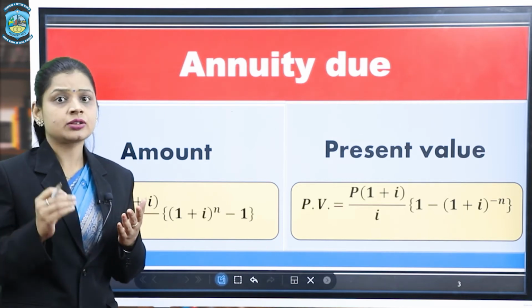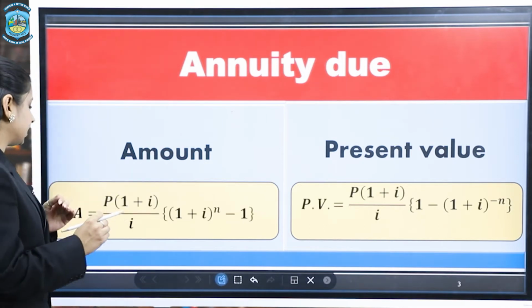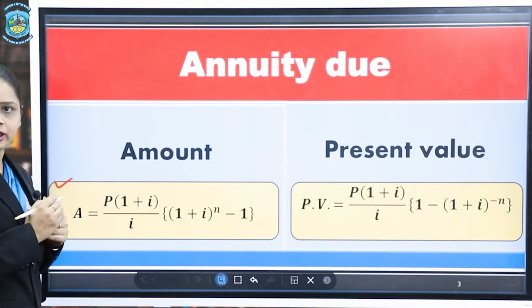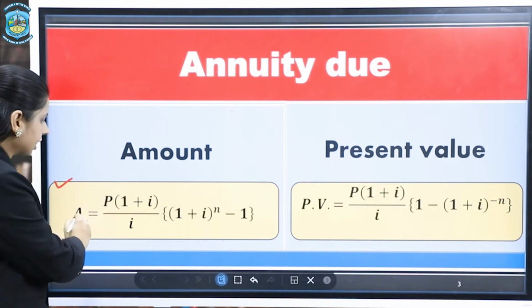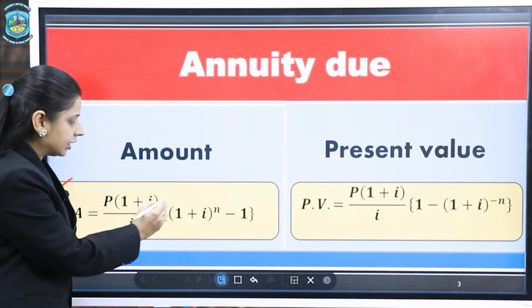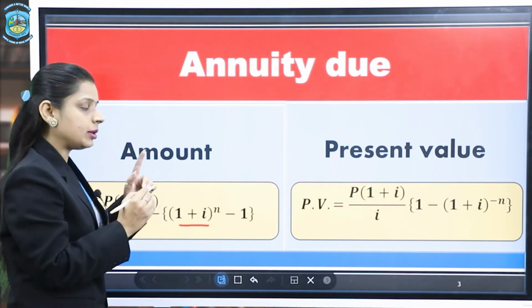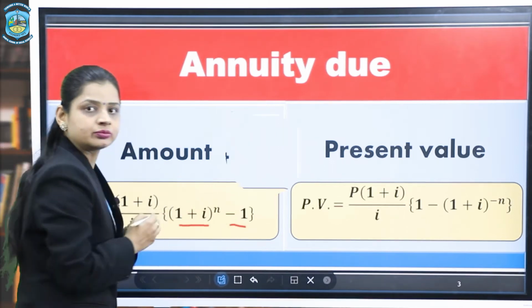Amount, that is the future value of annuity due, can be calculated by using this formula, which is A equal to P of (1 plus i) upon i multiplied with the term (1 plus i) to the power n minus 1.